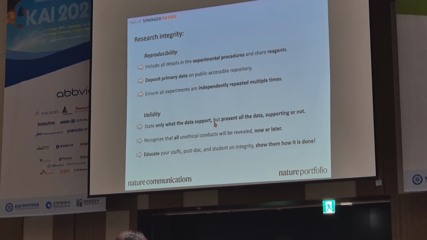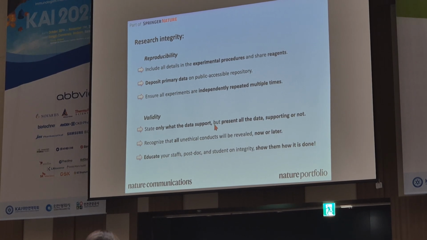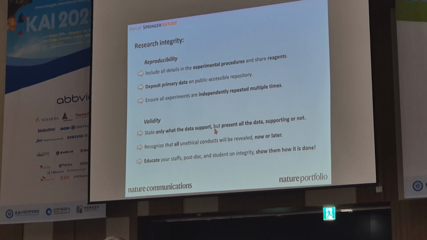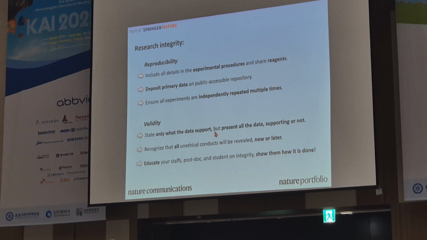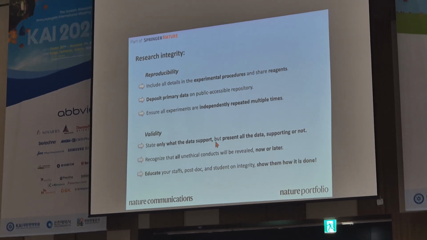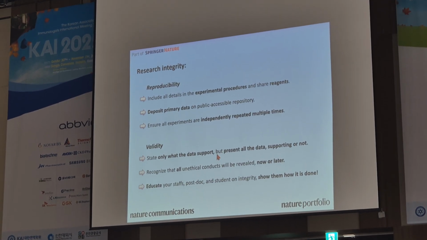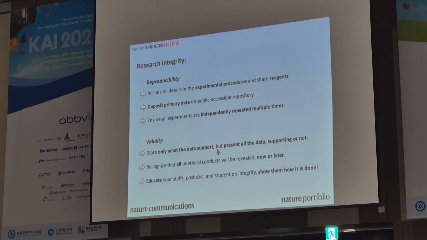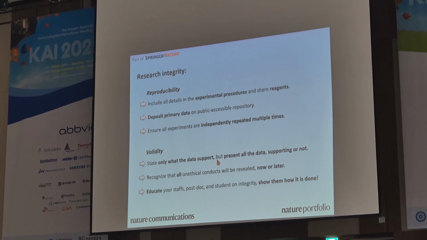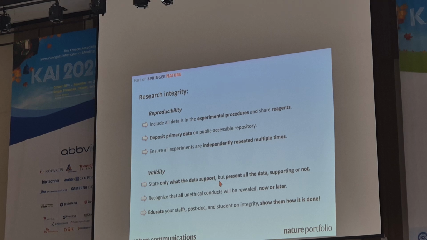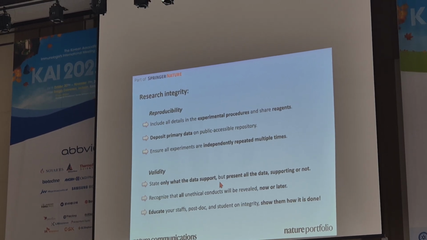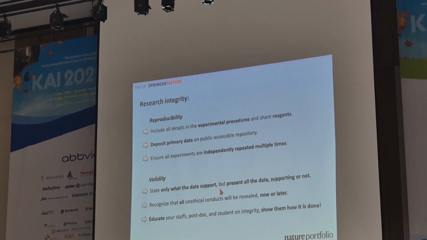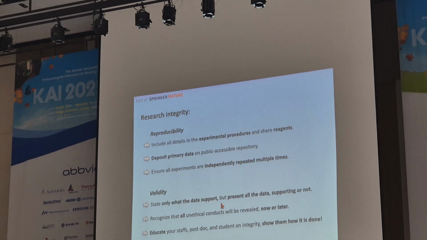To do that, like I said, we ask that all authors describe the methods, including procedures and reagents, as much as possible. For certain types of data, we mandate them to be deposited in a public repository so that they are shared, scrutinized, and validated. And lastly, we urge you to ensure that your data has been independently repeated multiple times, preferably by different people in the lab, so that we know that they are reproducible.